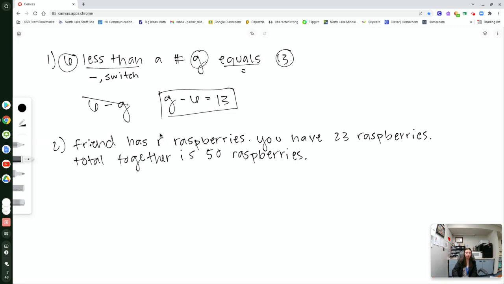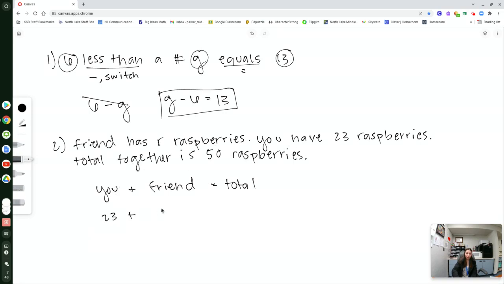So let's think about the situation. You have raspberries, your friend has raspberries, and then you have the total of the two. So what do I do with your raspberries and your friend's raspberries to get the total? I would need to add them together. Yours plus your friend's should give you the total. Now let's just go ahead and replace each of these pieces with the number or variable we were given in the problem. So your raspberries was 23.